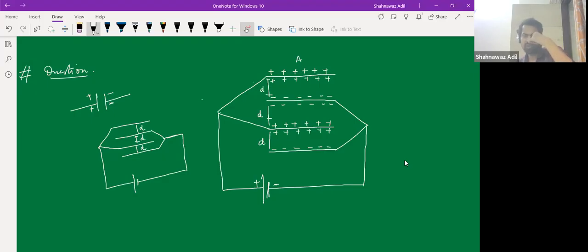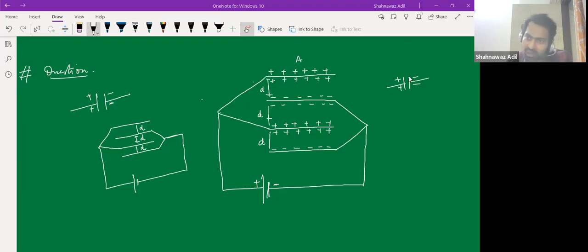So can you find out how many capacitors are there, Tarif? How many of this kind of combination do you have? Yes, Tarif, are you there? Chavez is not there, but okay. So how many capacitors can you find out?